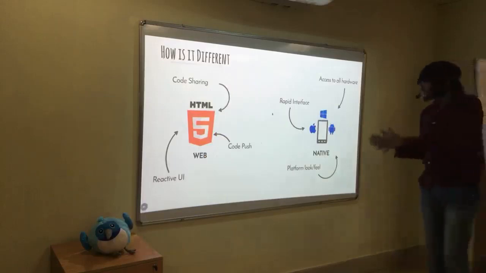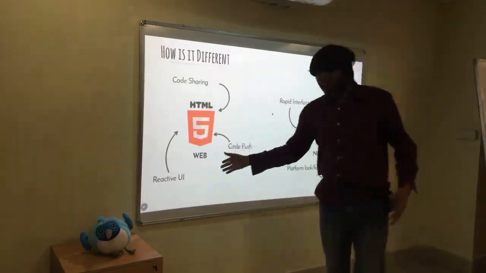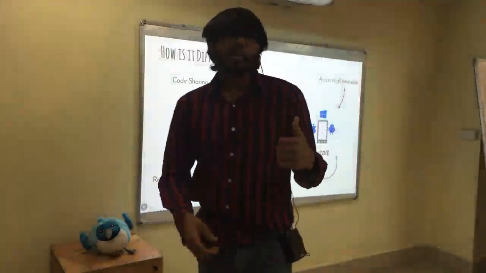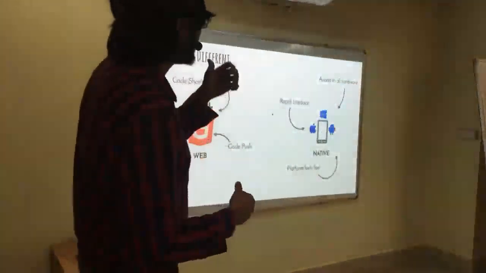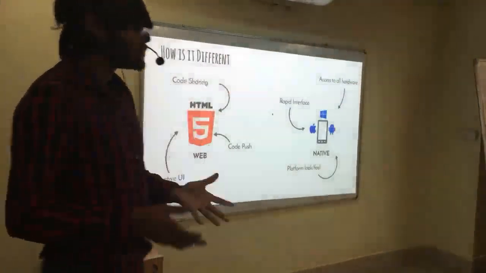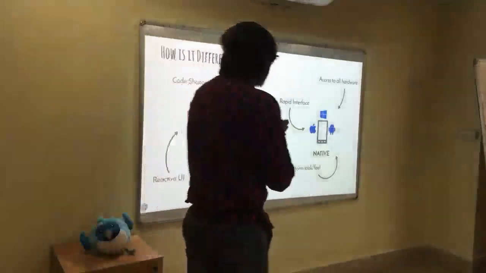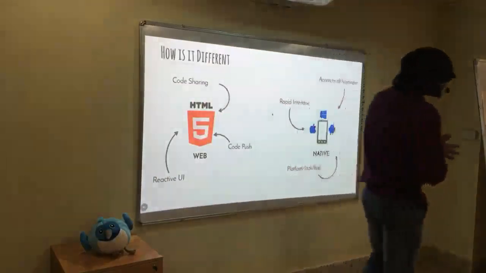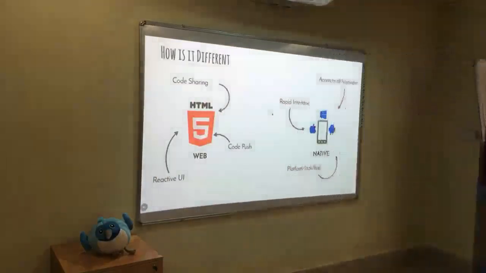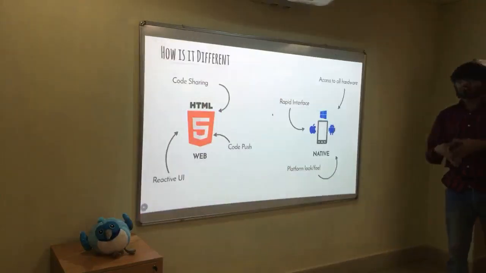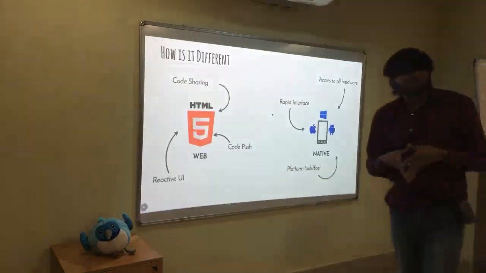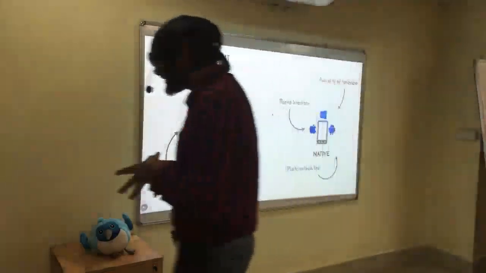Merging these SDKs, you can also get access to the hardware from the web too. And for native platforms, for iOS you have a different look, for Android you have a different look. Windows, I don't call it a smartphone actually.